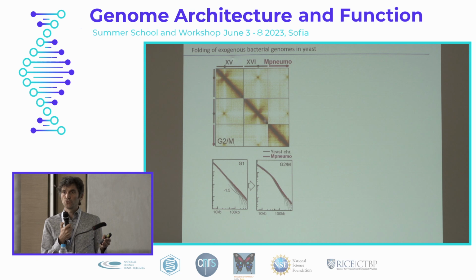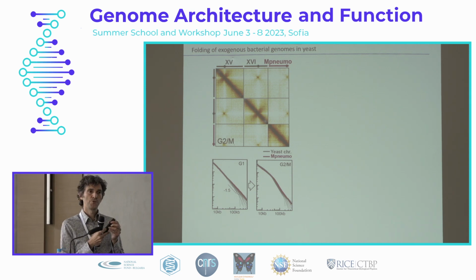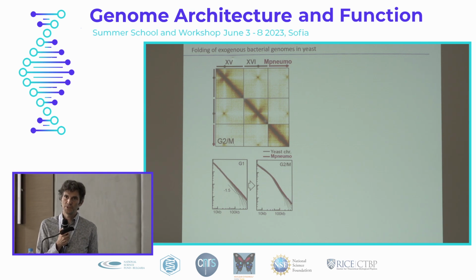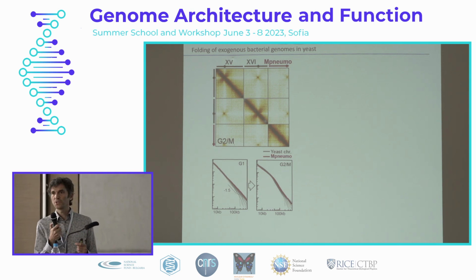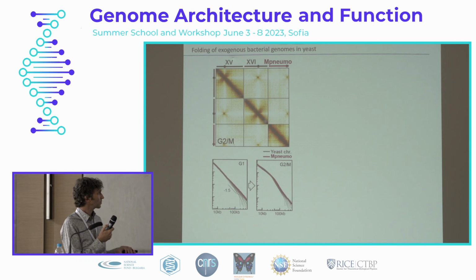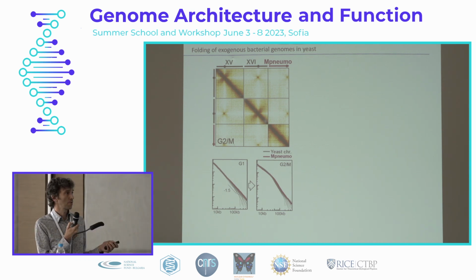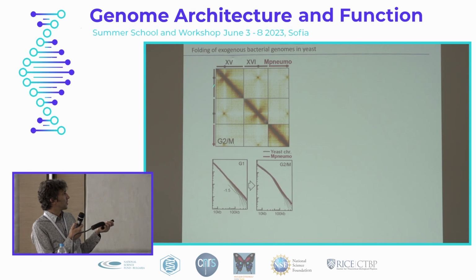So now we turn to G2. As I mentioned, the G2/M cells in yeast are folded into cohesin-mediated loops, similar to the ones you find along human interphase chromosomes. So here you have chromosomes 15 and 16 from budding yeast, and you have the Mycoplasma pneumoniae chromosome.